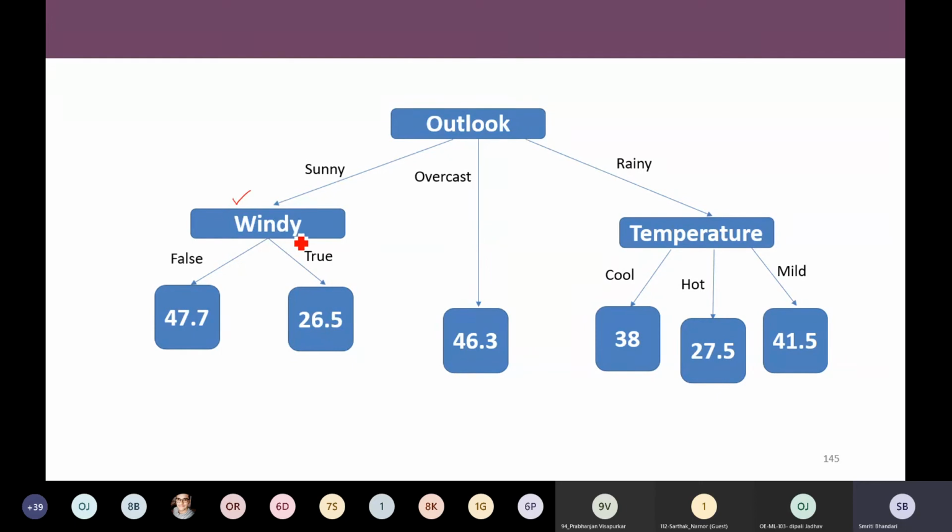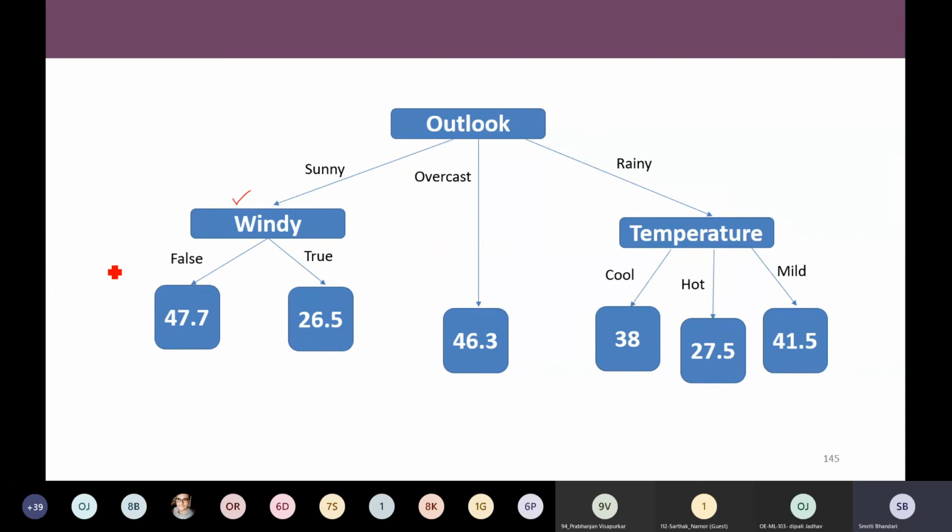Under windy we have 2 values, false and true. For windy equal to false we have some subset of the data, and for windy equal to true we have some subset of the data.